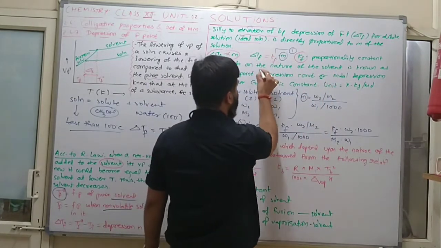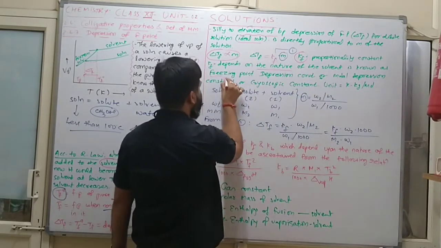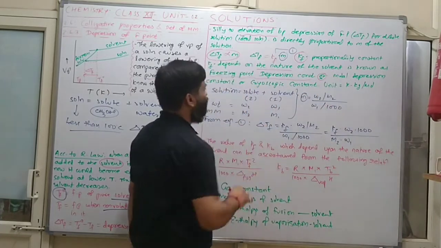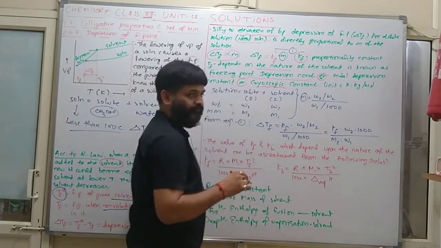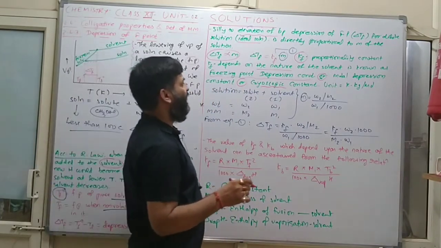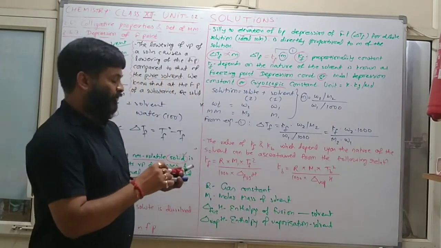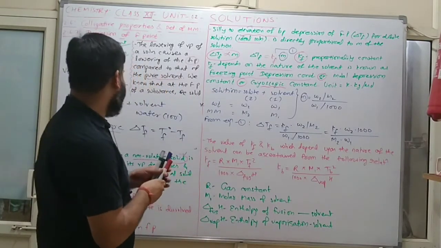Kf depends on the nature of the solvent and is known as freezing point depression constant, or molar depression constant, or cryoscopic constant. The unit of Kf is Kelvin kilogram per mole.